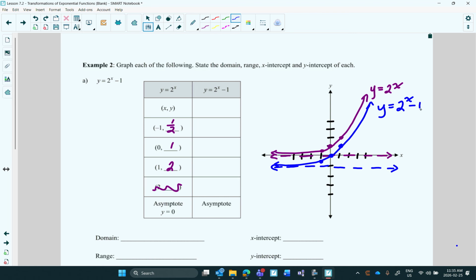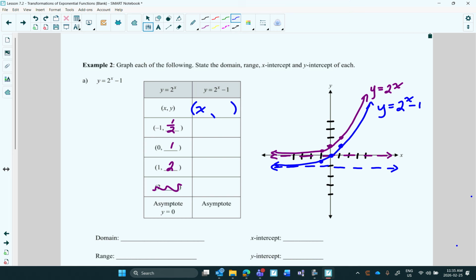I mean, that one's probably easy enough for you to do right off the graph. Usually with the more complicated ones where there's more transformations, that's when we use mapping notation. But if you did, what would be the formula to change each coordinate? What happened to the x's? Nothing.